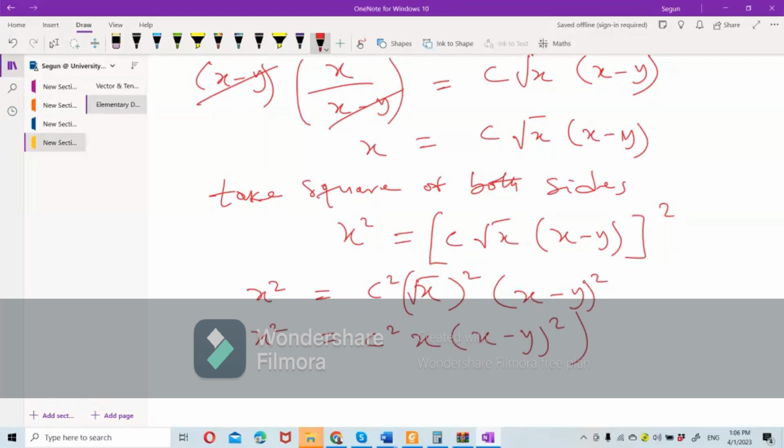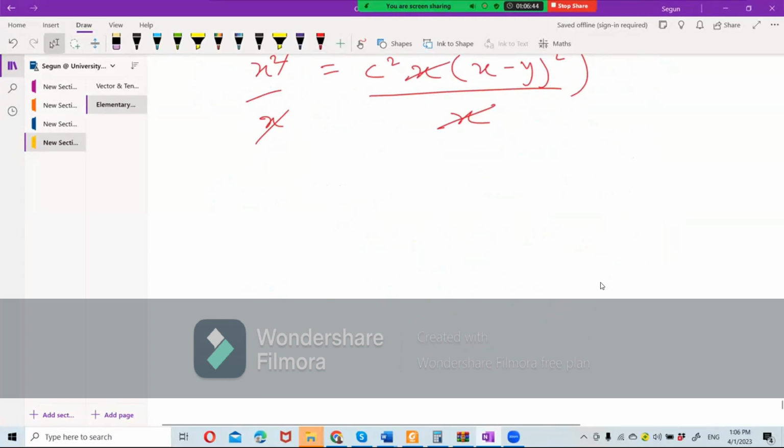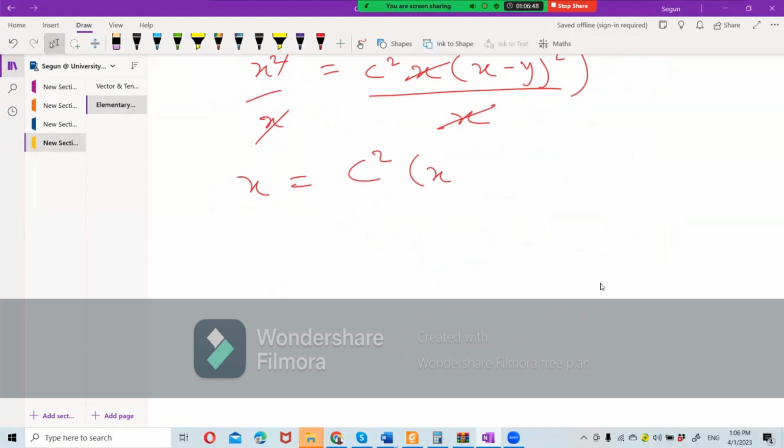Now, I can boldly say divide both sides by x. What do I have? This x cancels this x. So I have x equals c squared x minus y all squared. Any question?